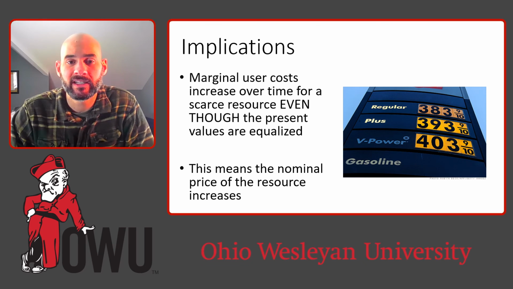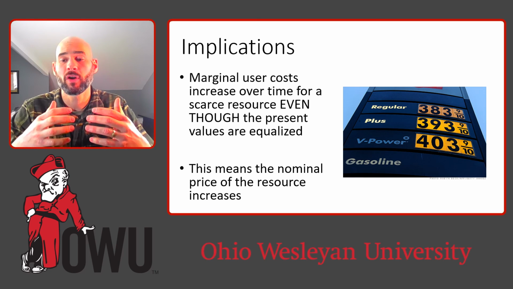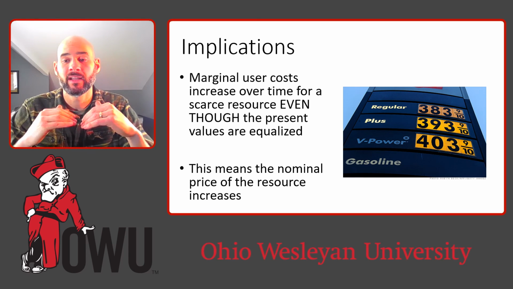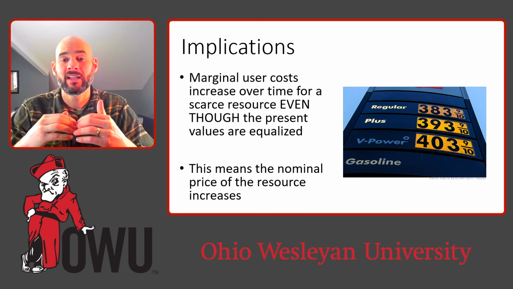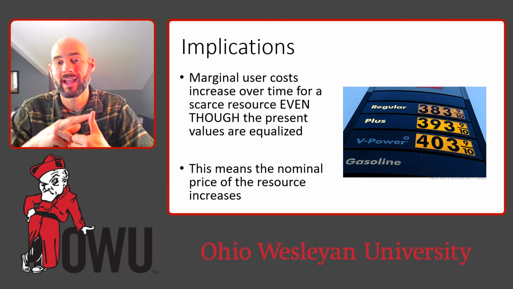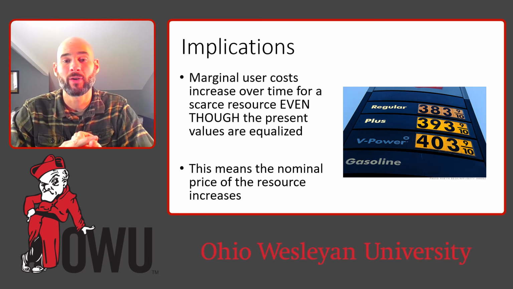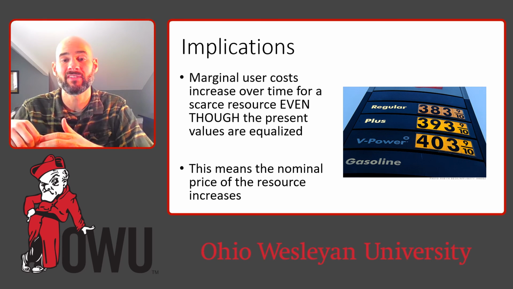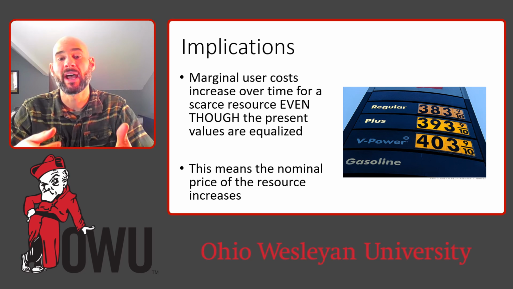And so I think there's going to be a little bit of confusion because when we have the dynamic equimarginal principle, we're setting the present value of the marginal net benefits equal to each other. However, the price and the marginal user cost change over time. And really the reason for that difference is because the price and the marginal user cost don't take into account discounting, whereas that present value of the marginal net benefit takes into account a discounted marginal net benefit curve.